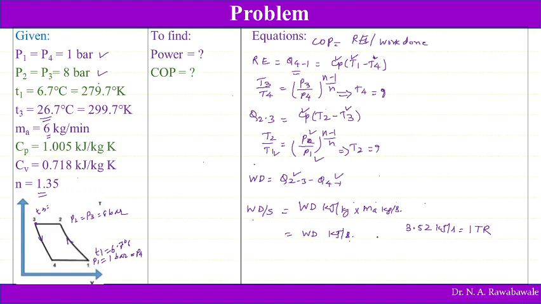So if we divide by 3.52, we will get specific power in kilowatt per ton of refrigeration. So specific power is equal to work done in kilojoules per second or kilowatt divided by 3.52, which gives us work done in kilowatt per ton of refrigeration. So let us move to solve this problem.